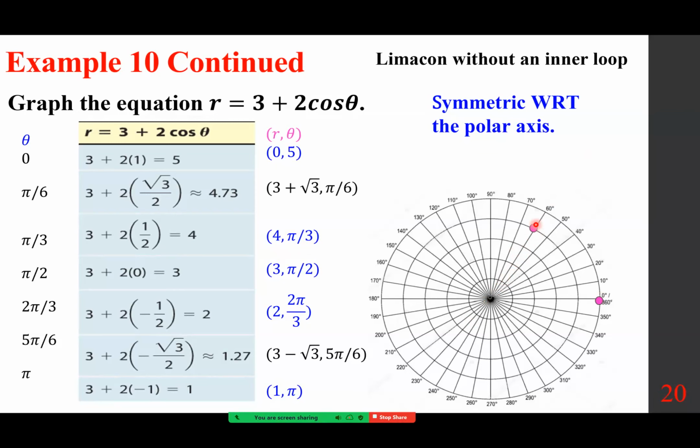Then 3 at pi over 2, or 90 degrees. 3 means 1, 2, 3. Two pi over 3, or 120 degrees, and 2. So 1 and 2.